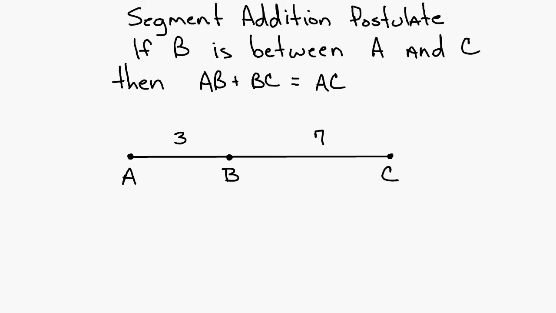Well, if you add those two little pieces together, doesn't it give you the length of the whole piece? Which in this case would be 10. Now it's a very simple example, but that's the concept: this piece of the segment plus this piece of the segment equals the entire segment.